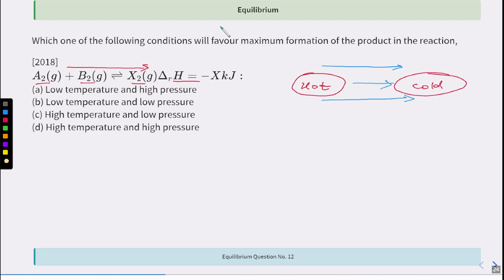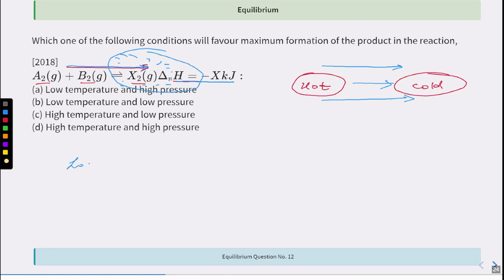So one way to see this is, if we want to make this go in this direction, it is an exothermic reaction, so heat is released, heat will be a lot. So if we have to make it go in this direction, if we cool this place a bit, automatically the reaction will start moving in that direction, right? So that is what you have to remember.